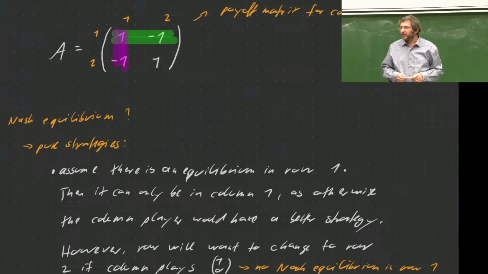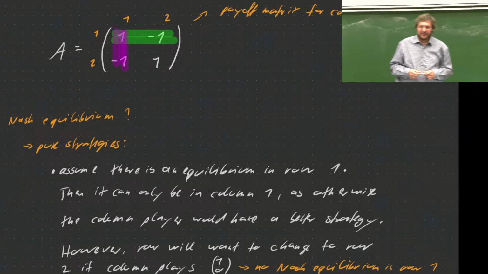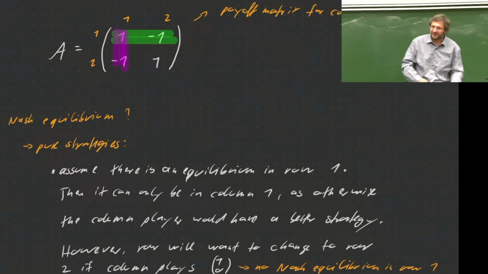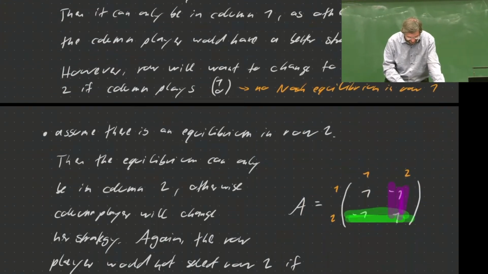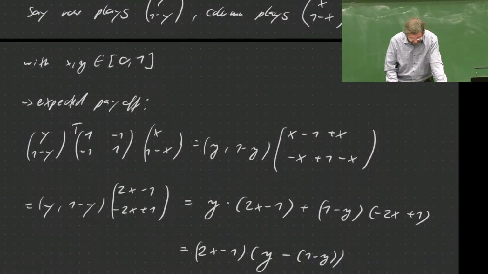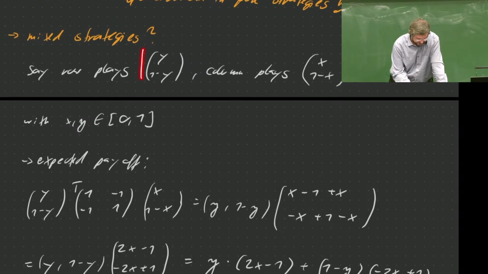And of course, you know there always is a Nash equilibrium in mixed strategies. So if the exam question would be, is there a Nash equilibrium? Your answer would be yes, because of the theorem. All right. Well, basically, we also try to compute that Nash equilibrium in mixed strategies by computing the expected payoff. So we just said that row plays this strategy, column plays this strategy.